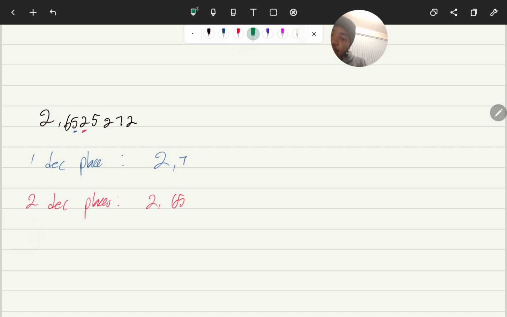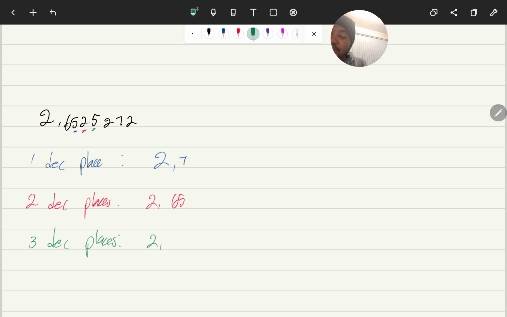Now we are going to 3 decimal places. What are we saying? We want 3 digits after the comma. Since we want 3 digits after the comma, we look for the fourth number: 1, 2, 3, 4.